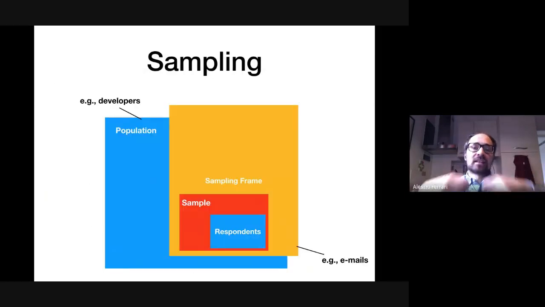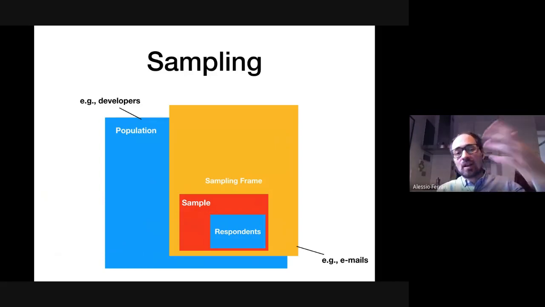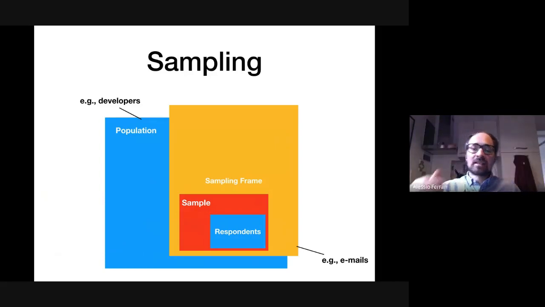So let's see this in a picture so that everything is clear. Population may be the developers. The sampling frame may be the emails of the developers. You see that it's not overlapping completely, because I may not have the emails of many of the developers, because, for example, I'm getting them from GitHub, and some of them may use a single address for different users, and vice versa.